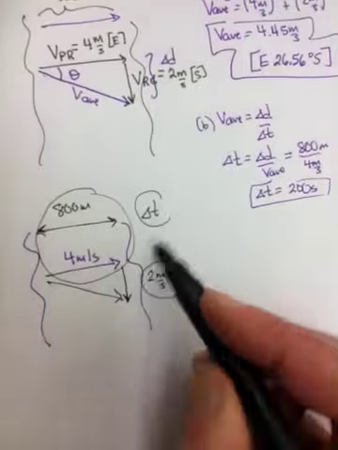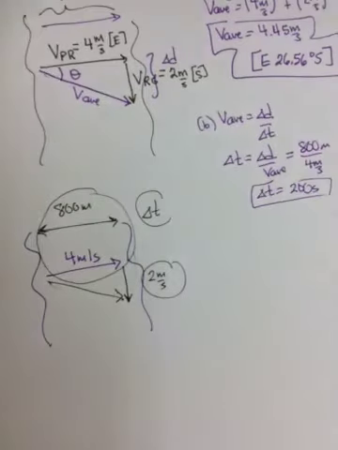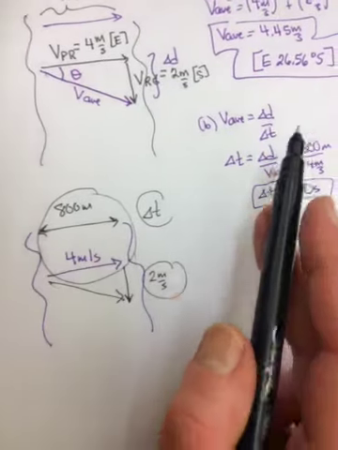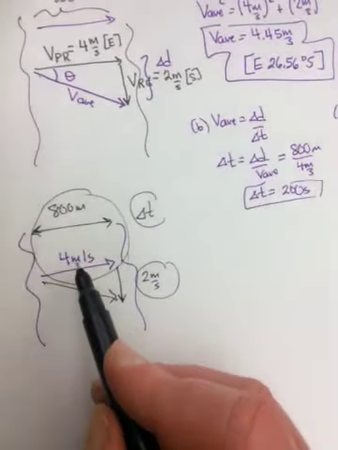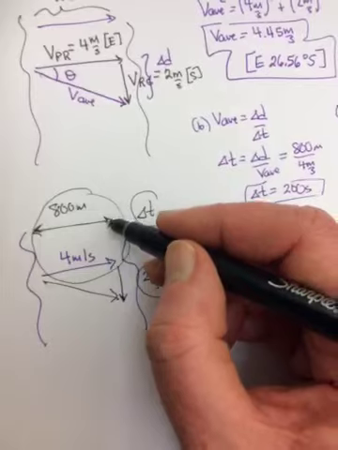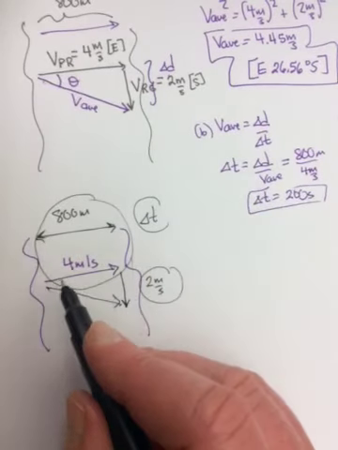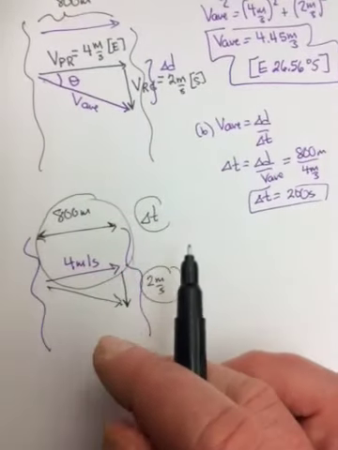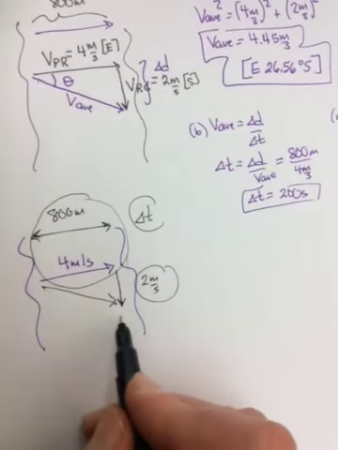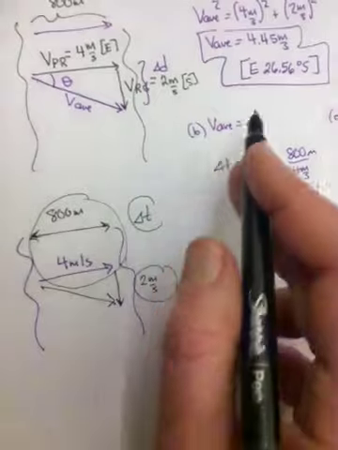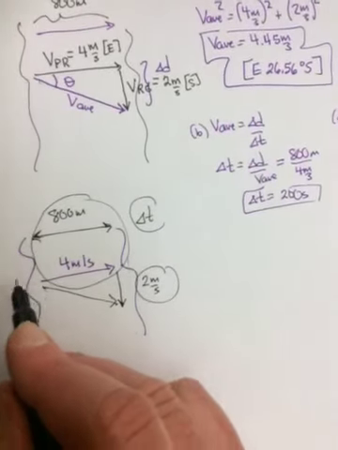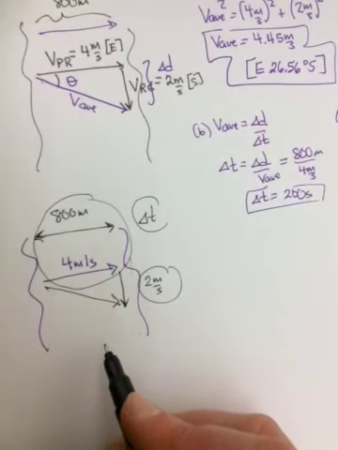The time it takes you to cross is the same amount of time as the river has to carry you down. So whenever you're doing VAV equals delta D over delta T, you need to make sure you're using the components of the displacement and the velocity that match each other. So you could have found the delta D of this line and then used your 4.45 meters per second and the length of your displacement vector.